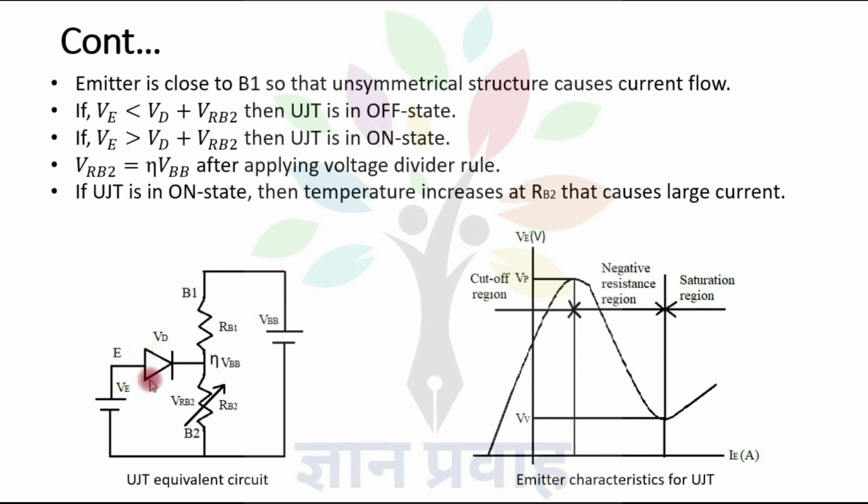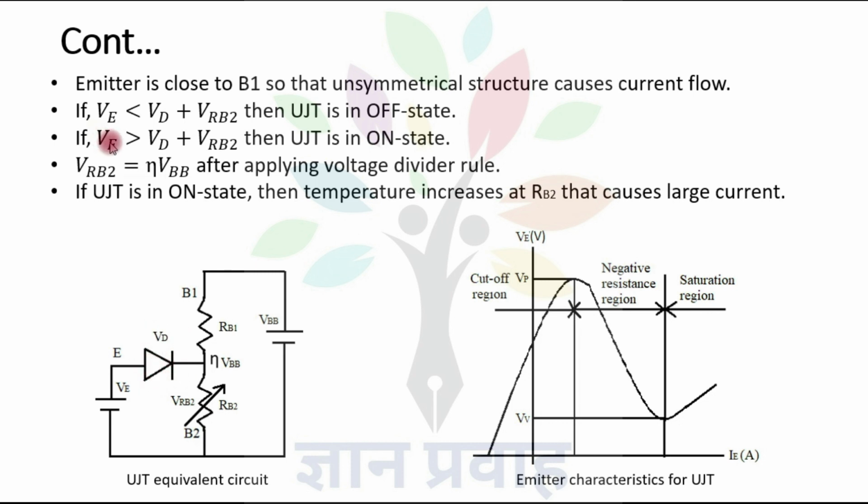If it is made of germanium material, then VD is 0.3 volt. So when VE is less than VD plus VRB1, VRB1 being the voltage across the RB1 resistance, then UJT is in off state, because this normal PN junction diode is open circuit here.